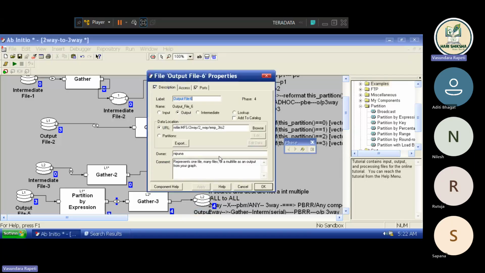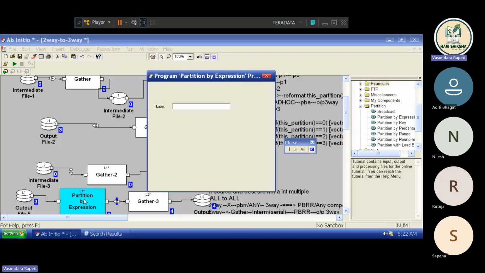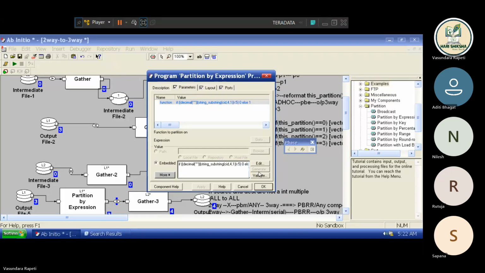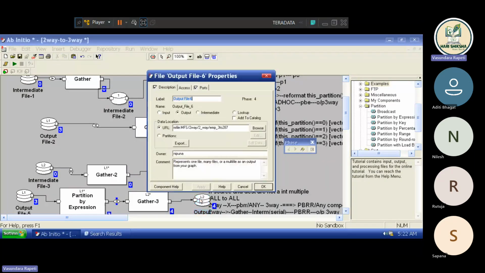Change the name, it is such a big name. Anything else need to change? Okay, gather, this one.